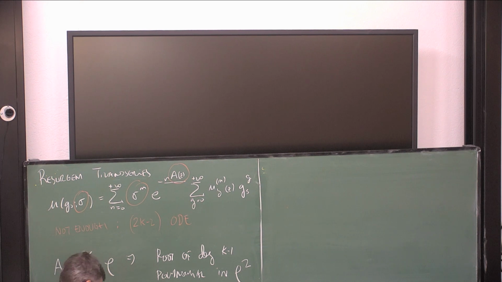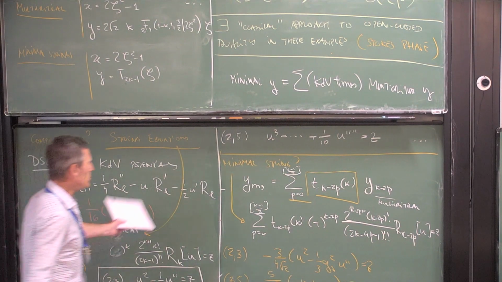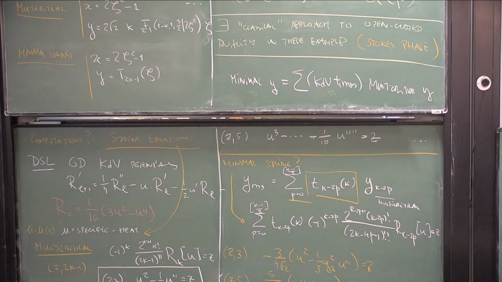So you have all these pairs. This was first observed by Marcos, but this is actually quite generic for anybody here in the multicritical or minimal string. In fact, for anybody in multi-matrix models.